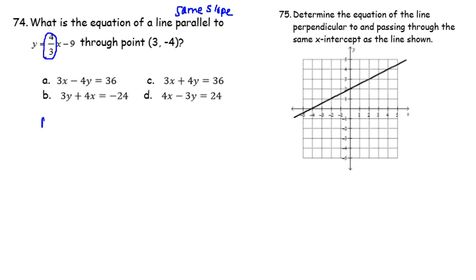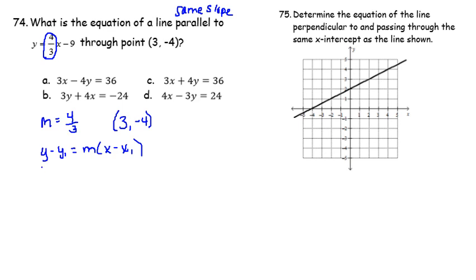We want the slope of 4/3 and the point (3, negative 4). So we've got a point and a slope. We need to put this in point-slope form, which is y minus y sub 1 equals m times x minus x sub 1.